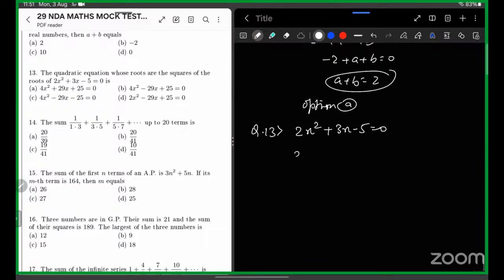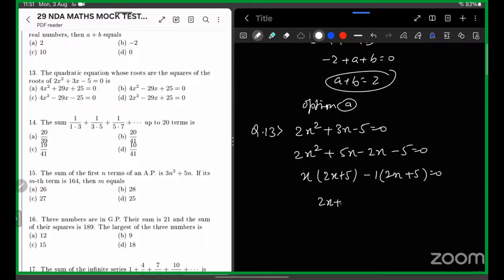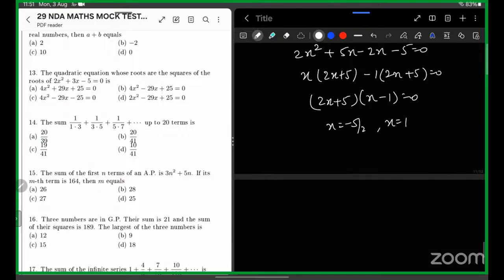If I write it like this, 2x square plus 5x minus 2x minus 5 equal to 0. I can take x common, I will be getting x into 2x plus 5, minus 1 common, 2x plus 5. Then I can write it like this: 2x plus 5 into x minus 1 equal to 0. So x value is minus 5 by 2 and another value is 1. So these are the two roots.